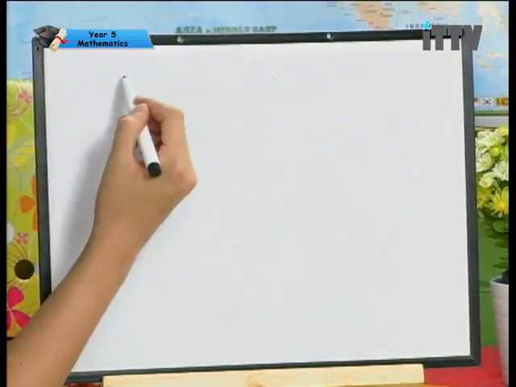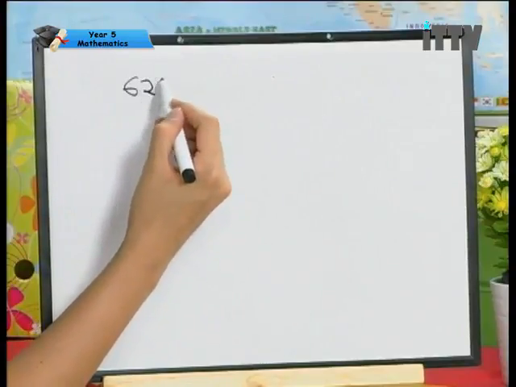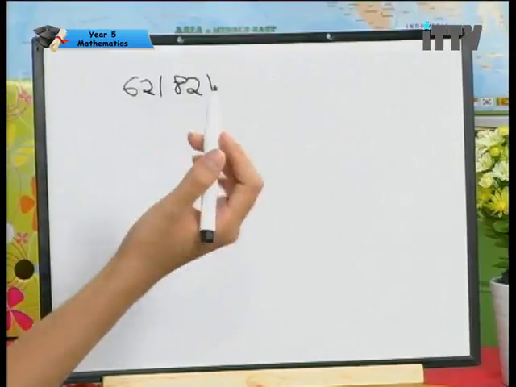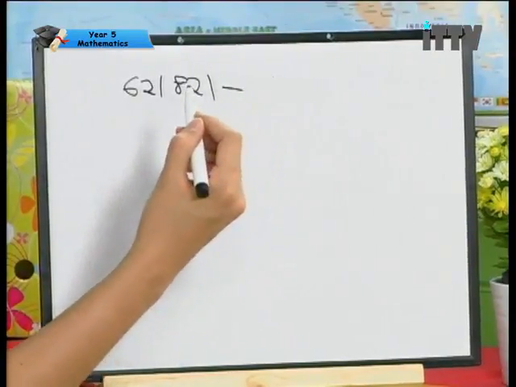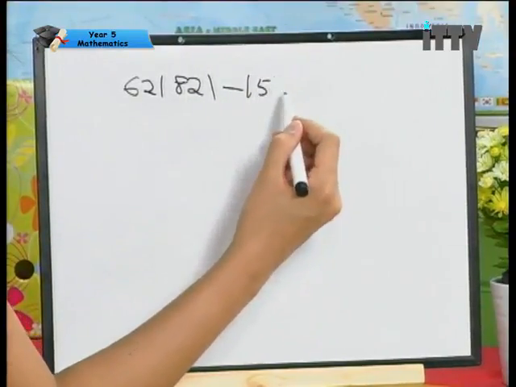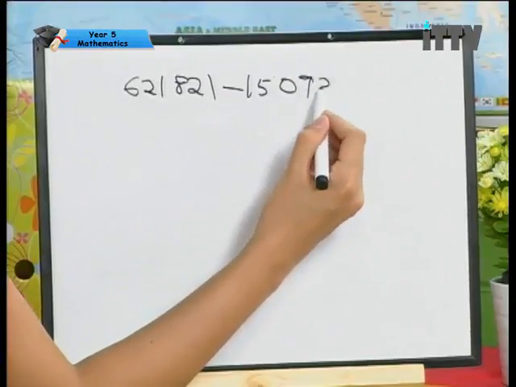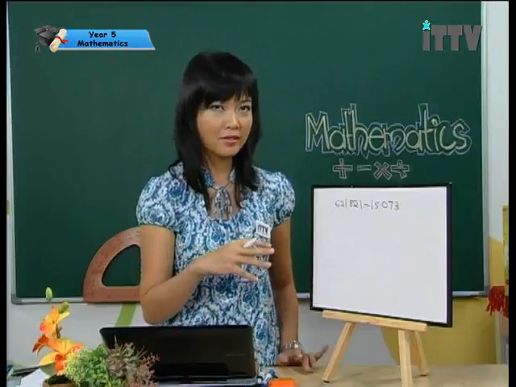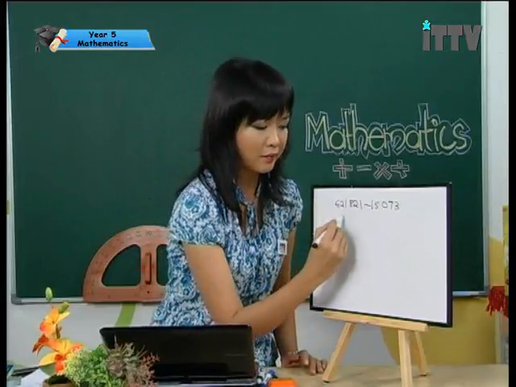So originally in the bookstore, we have 621,821 books. How many books were sold? We minus them off, okay? 15,093. Then the bookstore owner buys more books to replace them back. So we plus.